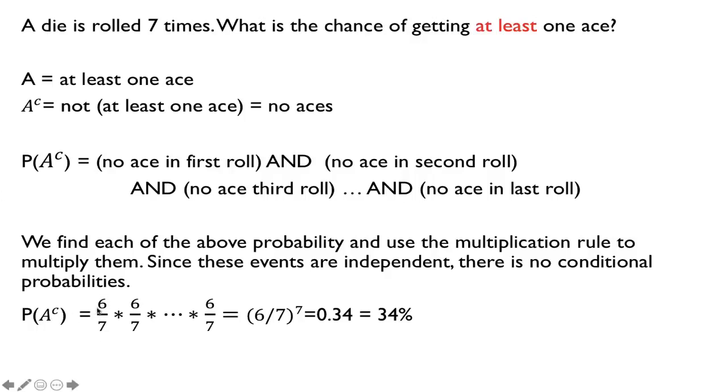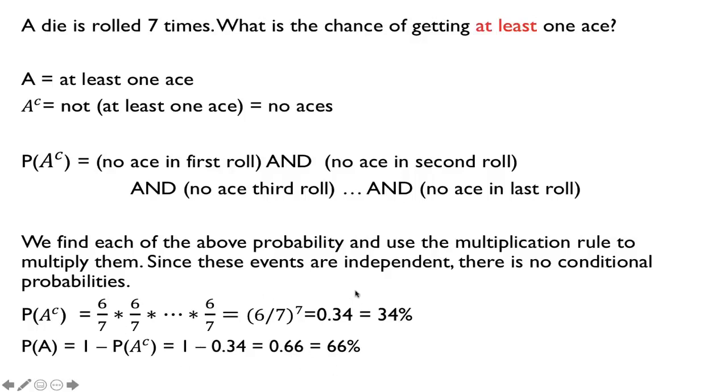The chance of not getting an ace in the first roll should be 5 out of 6, because on a die I have 6 outcomes, and 5 of them are not an ace. So this should be 5 over 6 to the 7th power, because I want all those to be no aces. I'll have to fix that in my notes, so please look at my notes for that. And that means the probability of the opposite event is just simply subtracting that from 1, or from 100%.